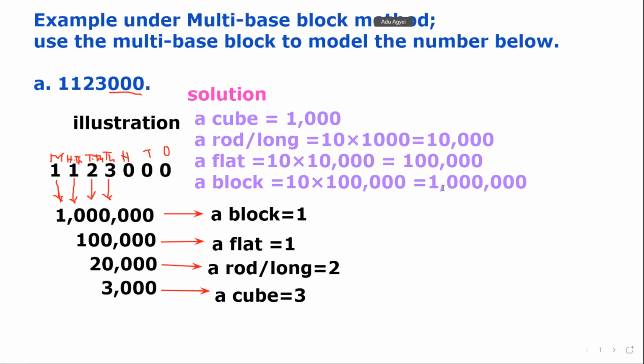One flat is equal to 100,000, and so you will draw only one. And a block will be equal to 1 million, and we will draw only one block. Let's model for the numbers using this multi-base block.